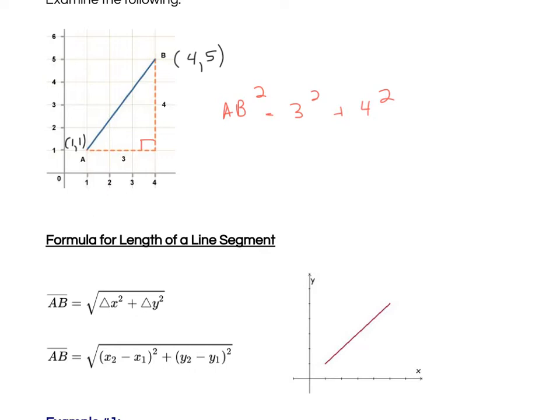I can extend this to a generic situation where I have two coordinates. The first coordinate is x1, y1, that's its position, and this coordinate up here would be x2, y2.